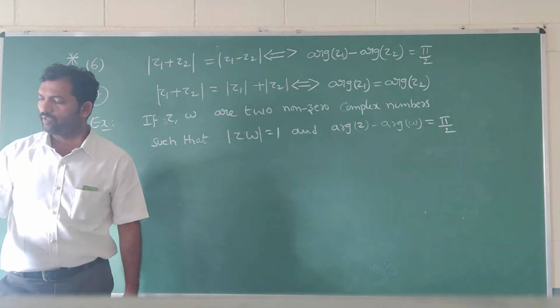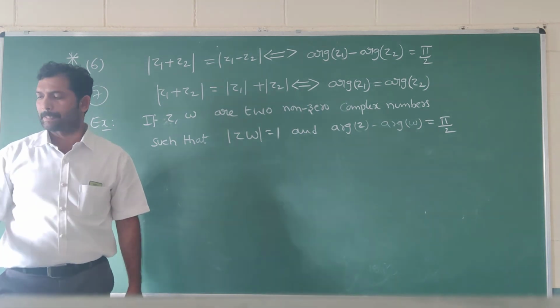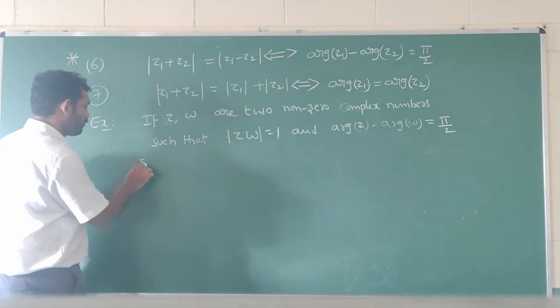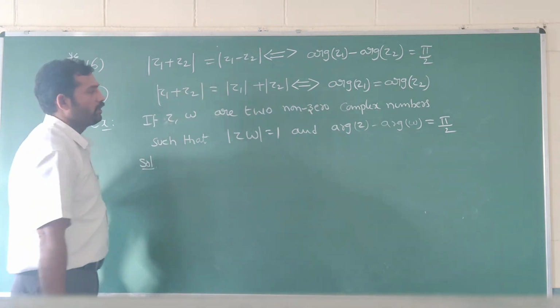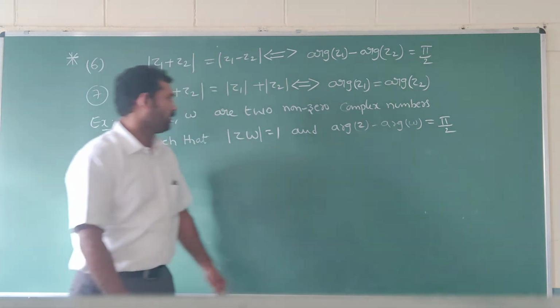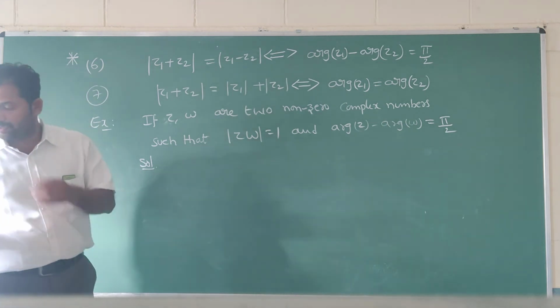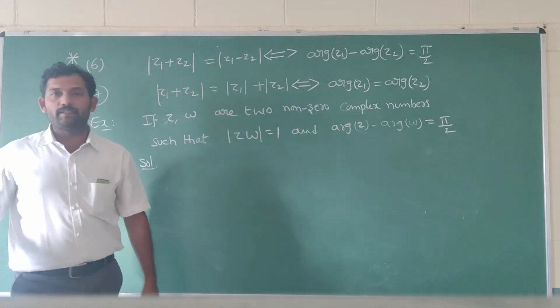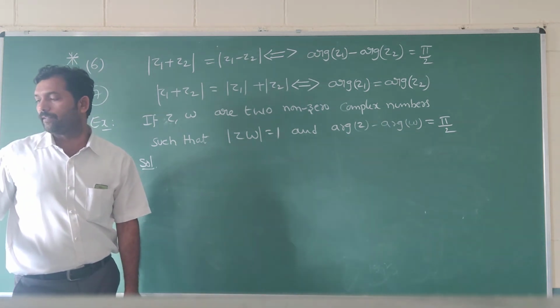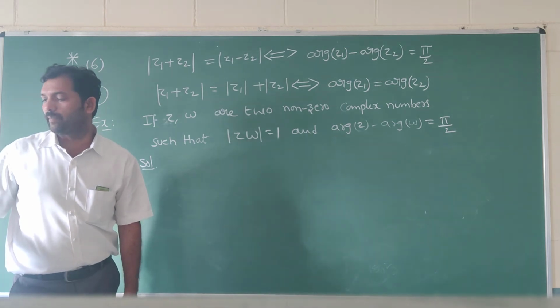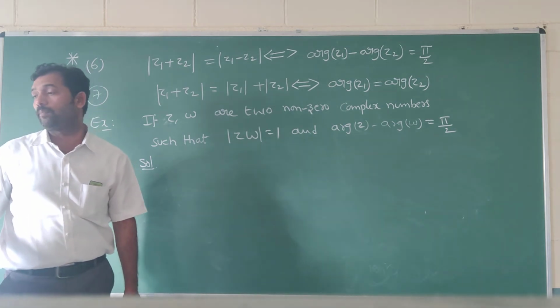So you are going to simplify. Given this solution, what is given? Modulus of z omega is equal to 1 and argument of z minus argument of omega is equal to pi by 2.